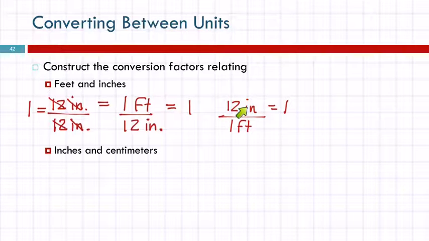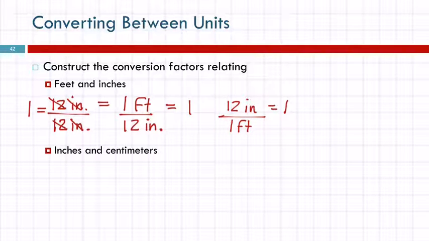Is 12 inches the same size, the same length as 1 foot? Yeah. They are 2 different names for the same quantity. They are equal. And that's why this ratio is equal to 1. All conversion factors are equal to 1. And that's why when we multiply by them, it doesn't change the value of what we're measuring.